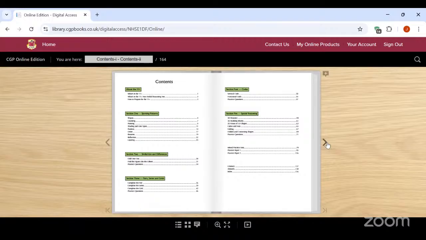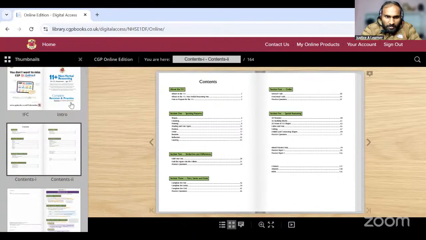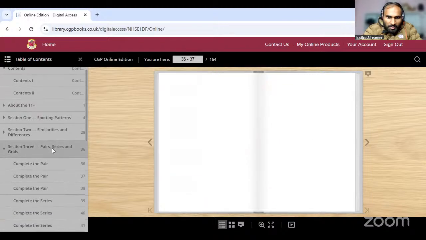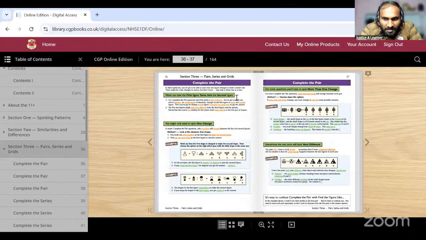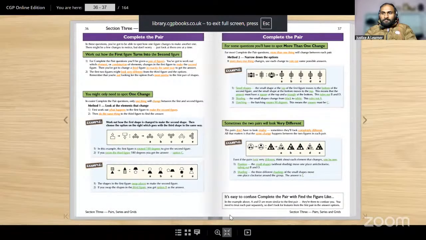Complete the pair. Page 36. Complete the pair. Okay. Pairs and series. Yeah, that's it. Let's dive in.